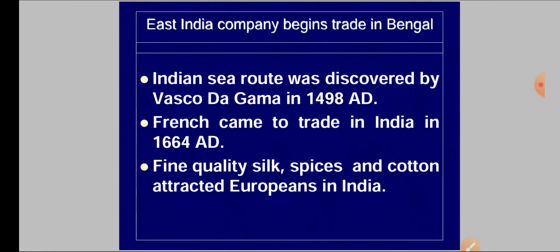They realized that Indian spices like pepper, cardamom, clove, silk, cotton had a great demand in European nations. That's why these countries got attracted towards the wealth. As you all know, India was called the golden sparrow.